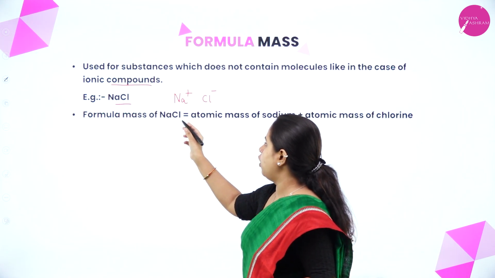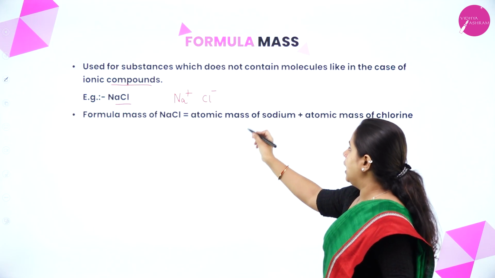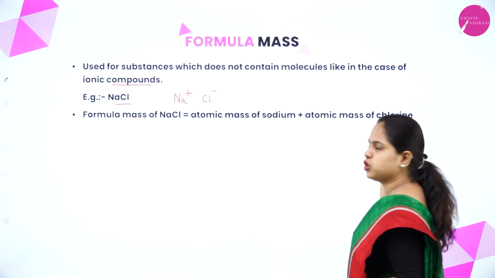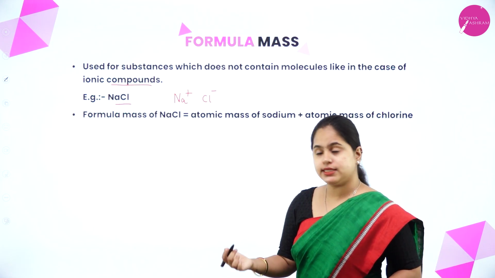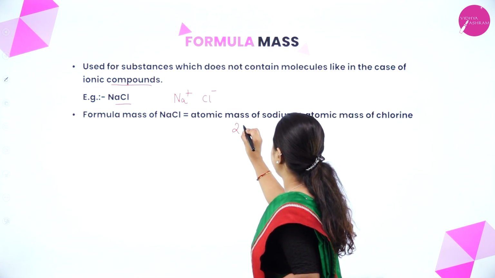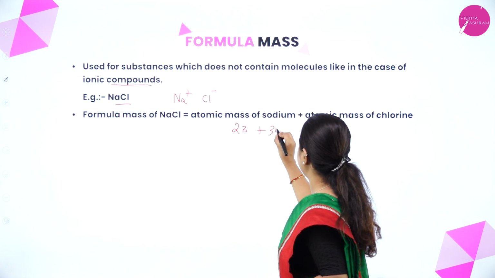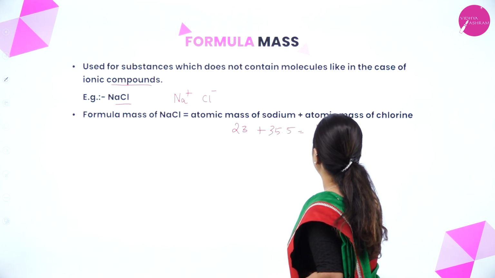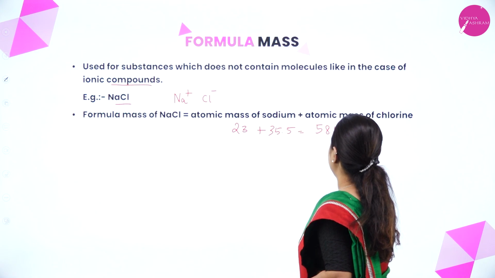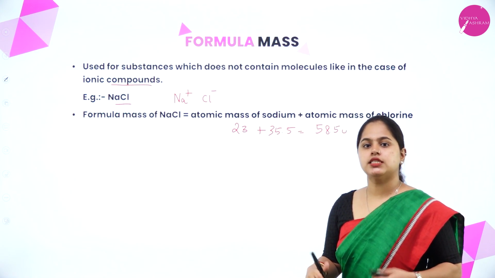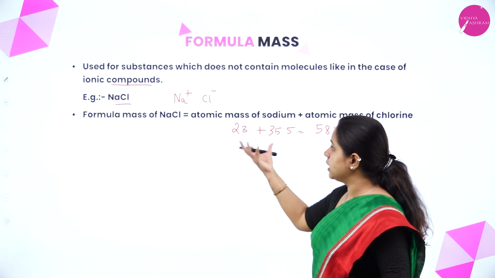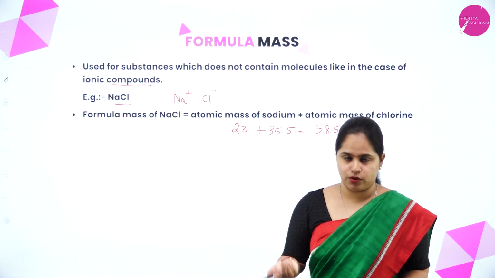The formula mass of sodium chloride is the atomic mass of sodium plus the atomic mass of chlorine. The atomic mass of sodium is 23 and of chlorine is 35.5, which will give you 58.5 u. So you calculate it in the same way as molecular mass, but it comes into existence in the case of ionic compounds.